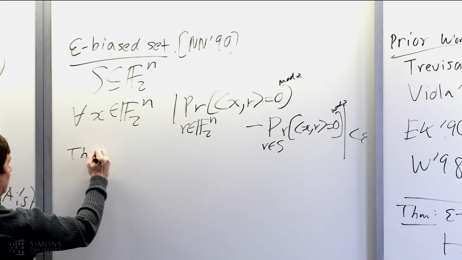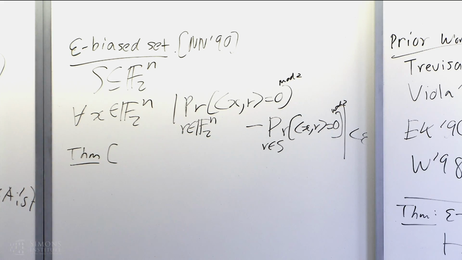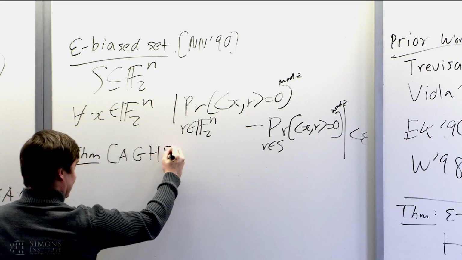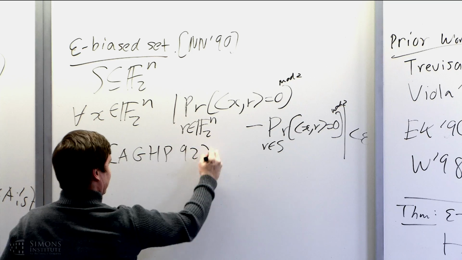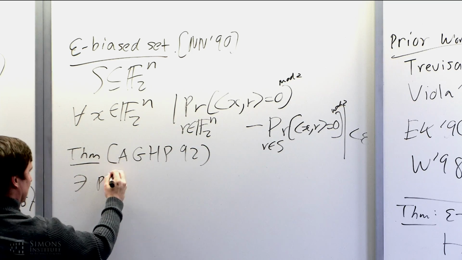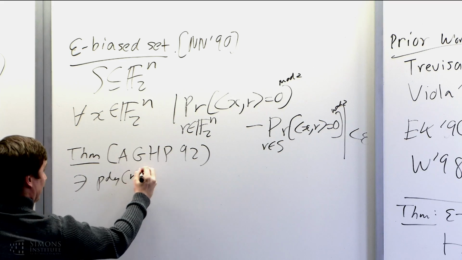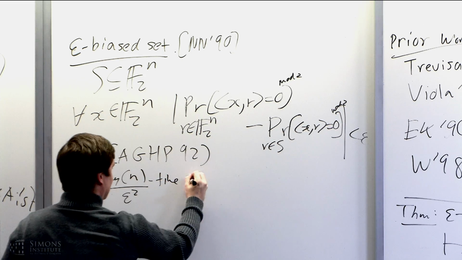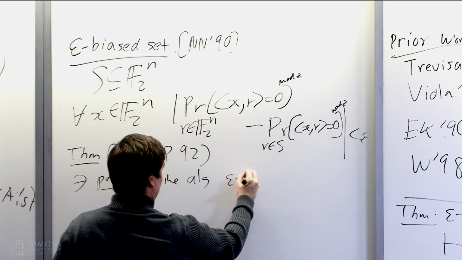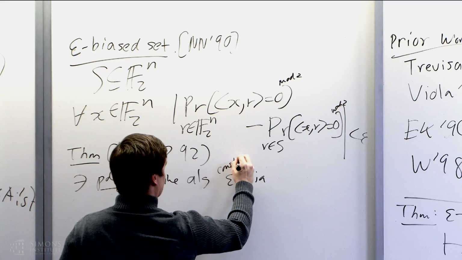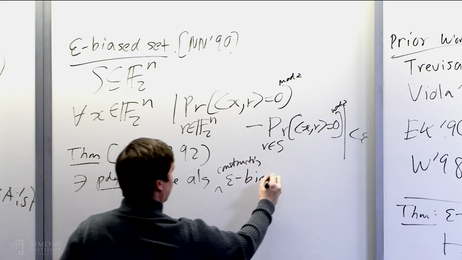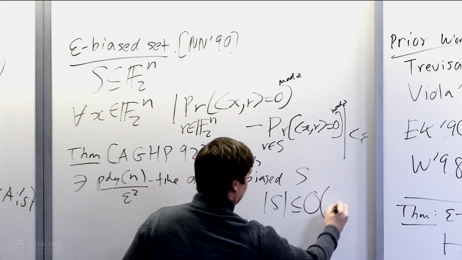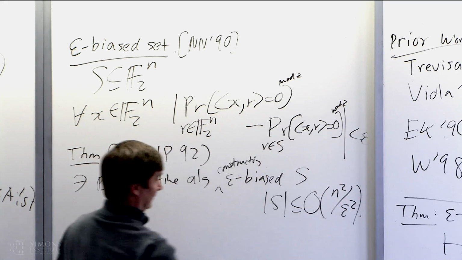What we'll want to use is the fact that these can be very efficiently constructed. For example, a theorem of Alon, Goldreich, Håstad, Peralta from '92 says that we can get a polynomial in n over epsilon squared time algorithm that will construct an epsilon-biased set S, and the cardinality of this S is at most n squared over epsilon squared.